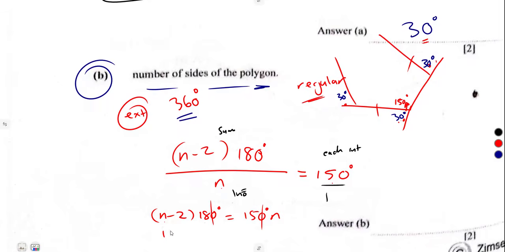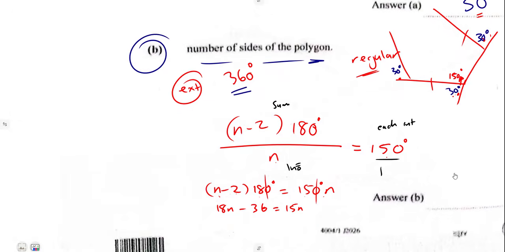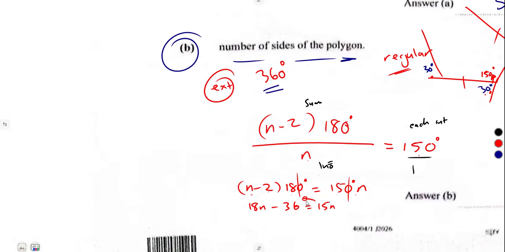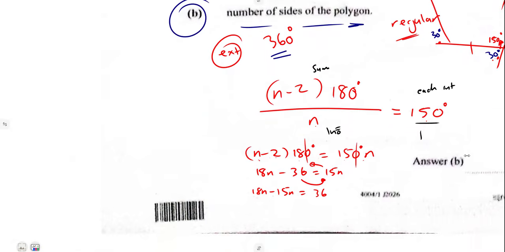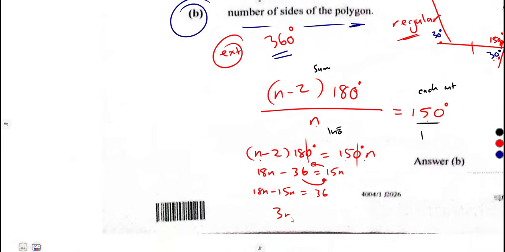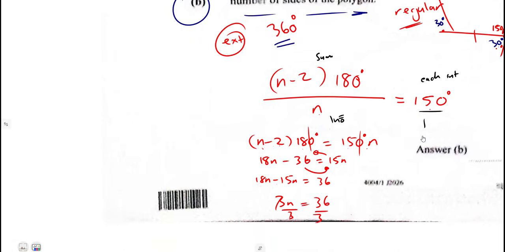So 18 times n is 18n, times negative 2 is negative 36, which is equal to 15 times n, that's 15n. To solve for n, it is going to be 18n minus 15n is equal to 36. 18 minus 15 is 3n equal to 36. Divide by 3 on both sides. So n is equal to 12.